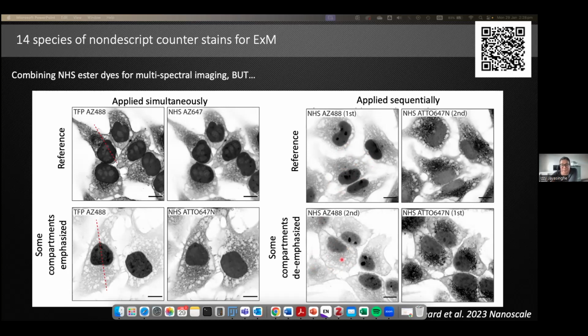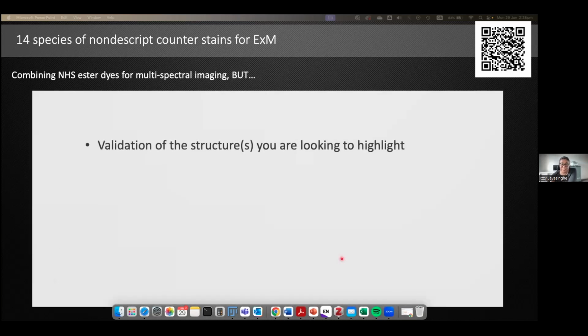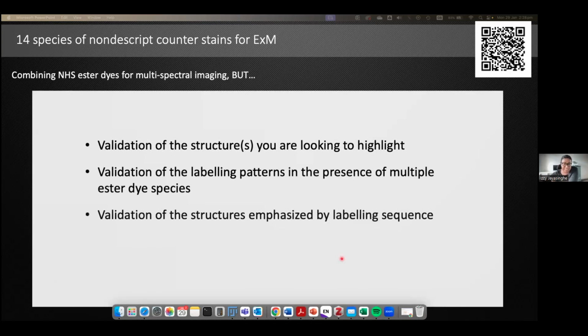So the take home from this exercise was, yes, these 14 dyes are great and available, and you can strategically pick them to stay in different compartments, but you have to do a number of validations. You have to validate it against the structures that you want to emphasize. You need to validate it against the labeling patterns that you get when you combine dyes, and you also need to standardize your labeling protocol.